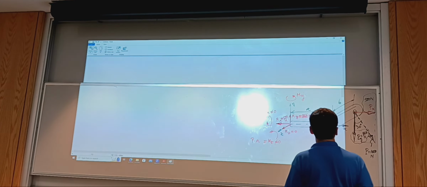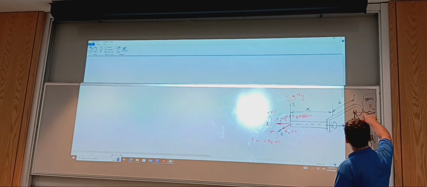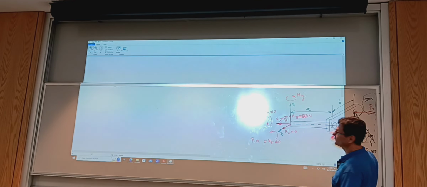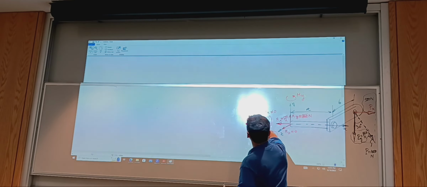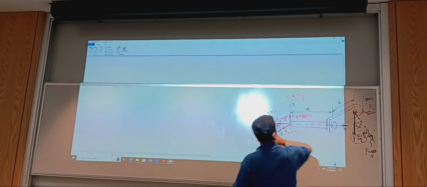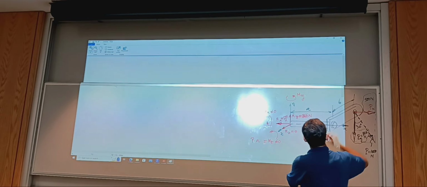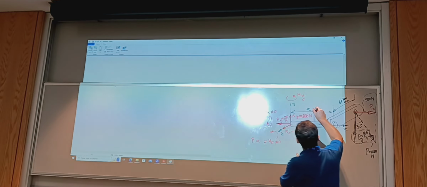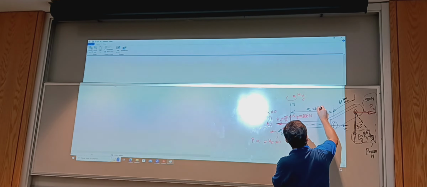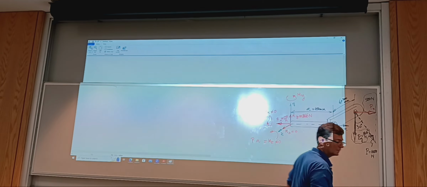Because of this force and because of this force, we have a torsion, and it's going to be B. This was 300 millimeters and this is 450, or was in the problem.